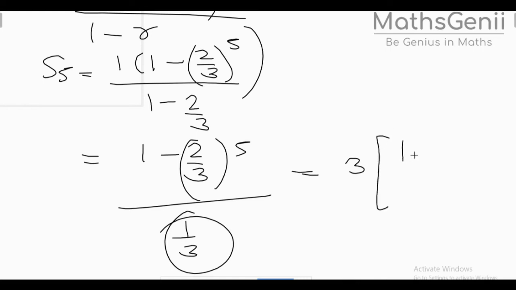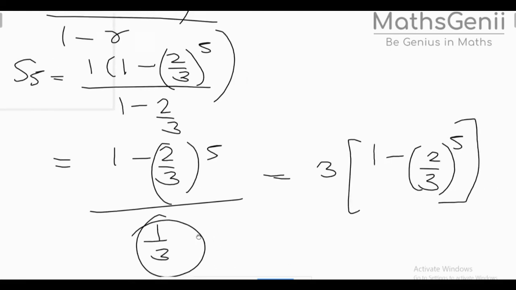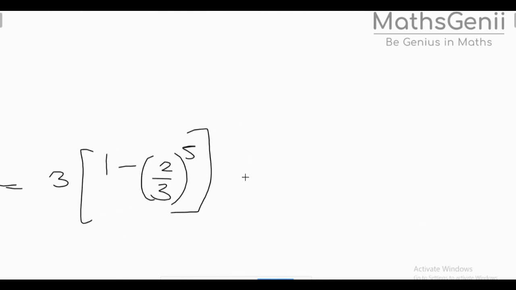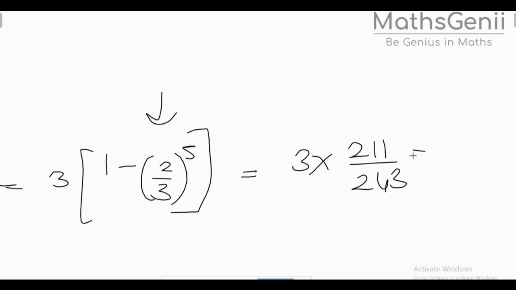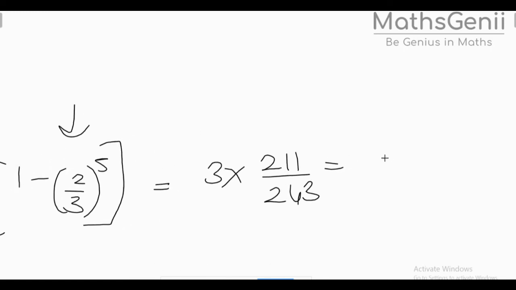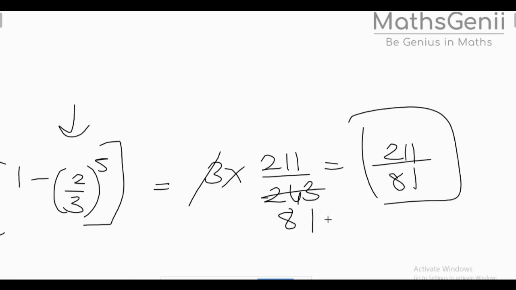Then you will have 1 minus 2 upon 3 raised to 5, correct? Then when you solve this bracket, you will get 211 upon 243. And when you solve this further, 3 ones are 3, 81 eights are 243, so you'll get 211 upon 81. This is your final answer.